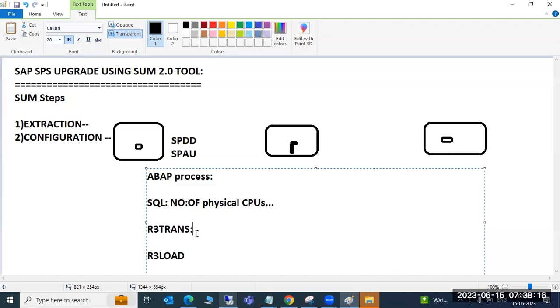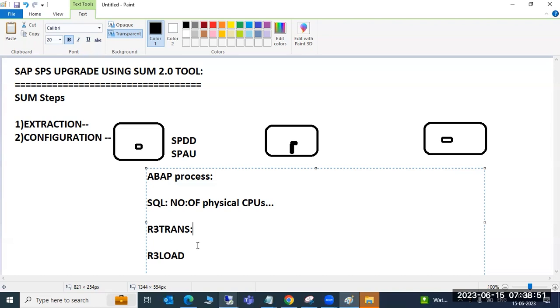So here we can put the maximum recommended value of 50. Otherwise, it is 1 into the number of CPUs. If you go to ST06, you can see how many CPUs there are, and we can put that many CPUs here.